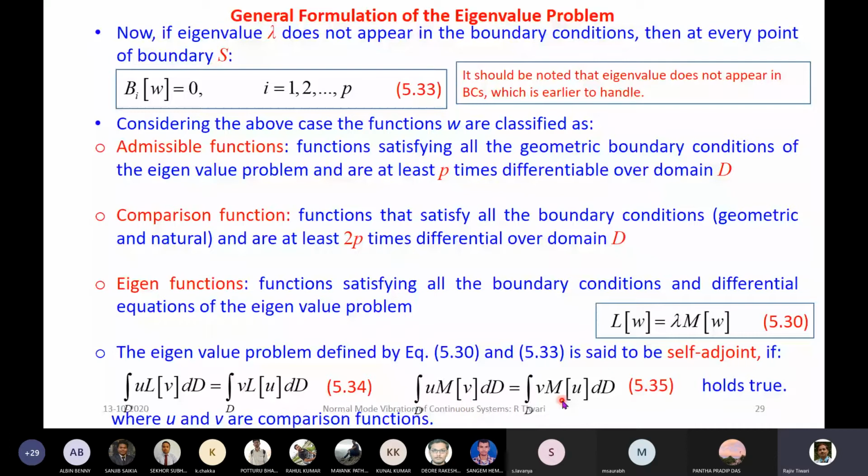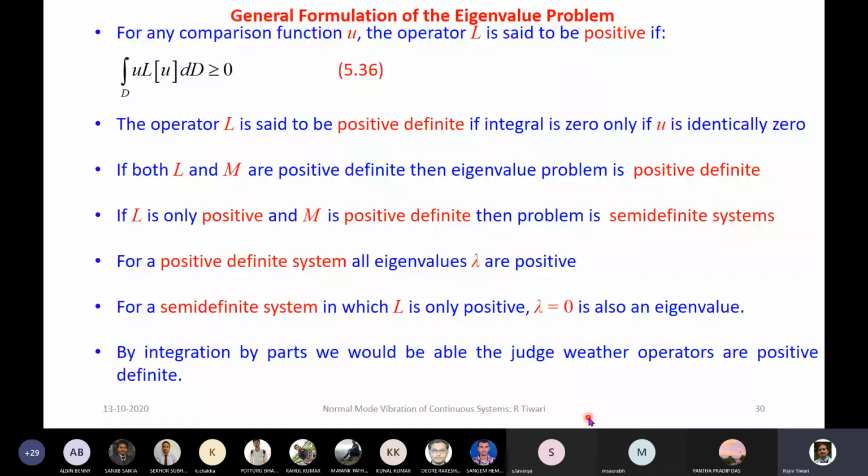Once these operators are self-adjoint, then we get real eigenvalues, and those things will be valid here. And as we define for the matrices positive definite and that kind of definition, for the L and M operators the same thing is defined.